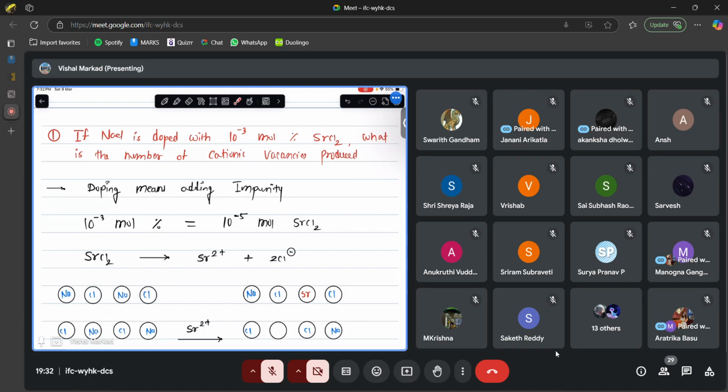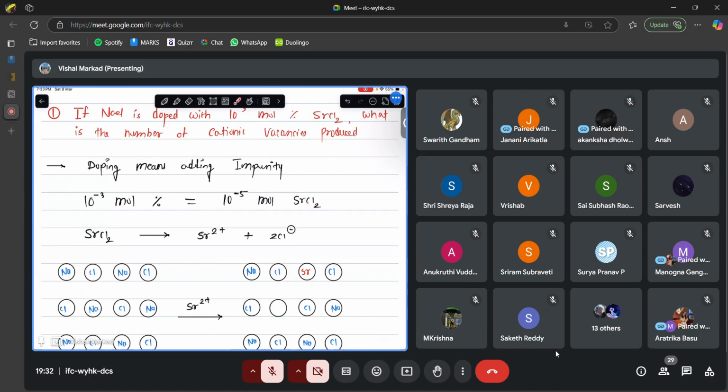Percentage means what? We can multiply with 100, sorry, divide by 100. Percentage means we can divide by 100, right? So that is 10 to the power minus 5 mole SrCl2. They are saying they have added this SrCl2 to NaCl, and they are asking what is the number of cationic vacancies produced.